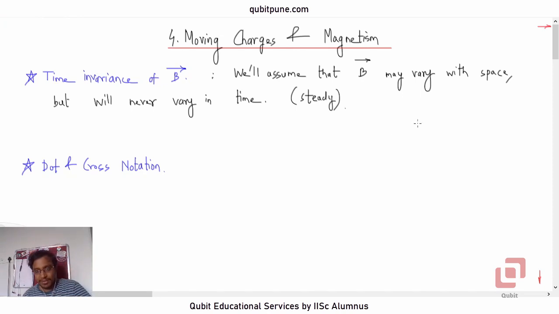The symbol is this. For ordinary derivatives we just say dB by dt equal to 0, but in this case we know that it may vary with space, so we say the partial derivative of B with respect to time is always 0 for our case, but this is not 0.